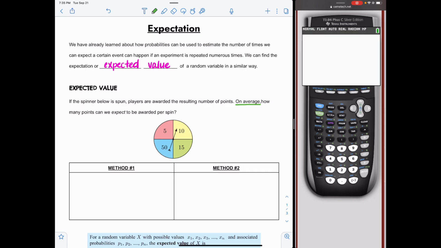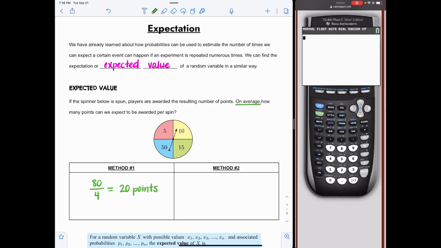The first way, if you add up the total amount of points on this spinner, we will have 15 plus 10, which is 60, and then 5 plus 15, which is 20, which gives us 80 points total that we can earn. So there are 80 points that you can get out of 4 different spins, which would tell us that there's an average of 20 points per spin.